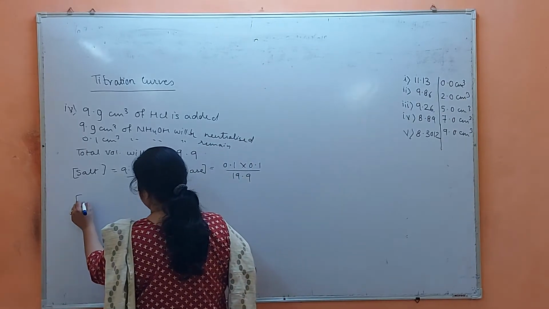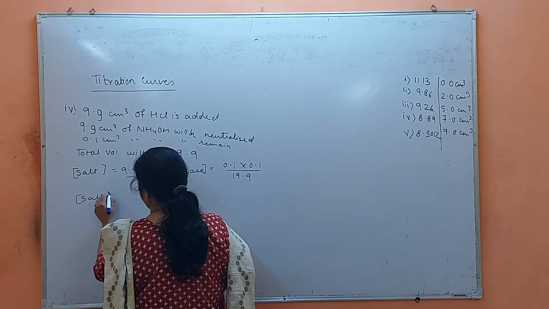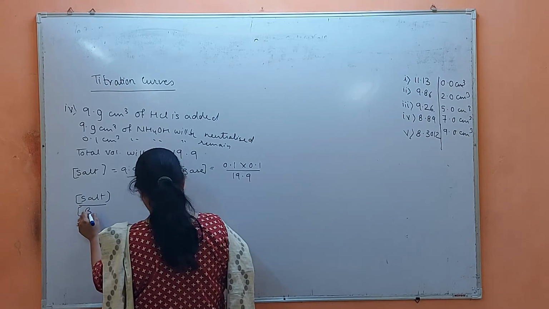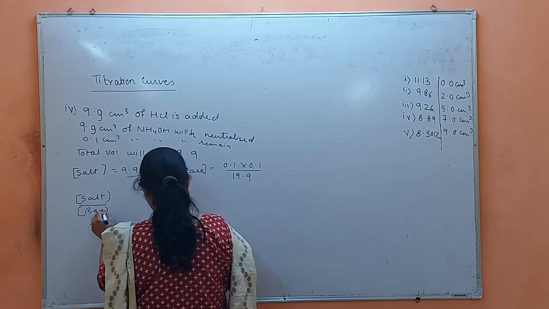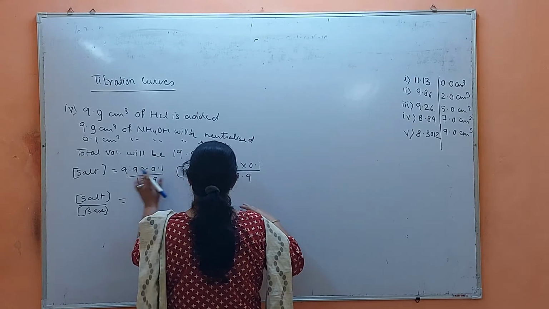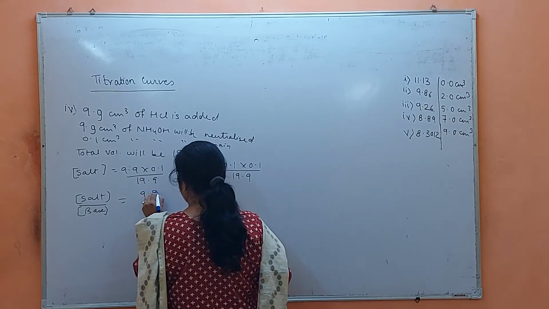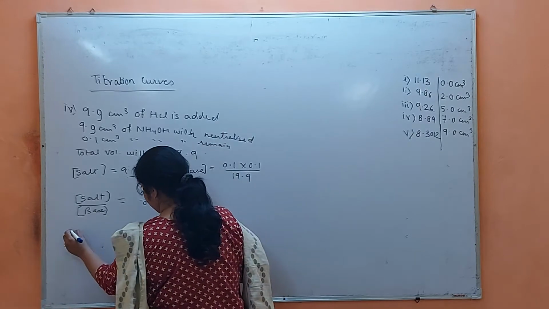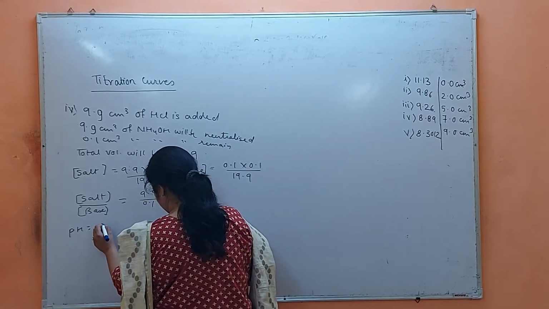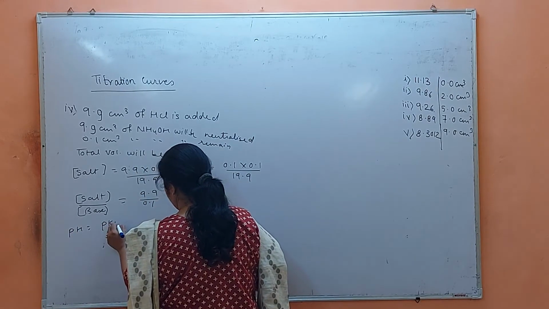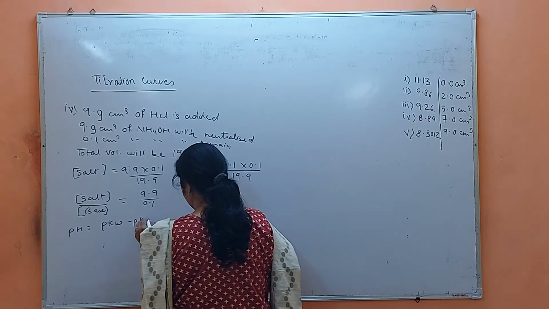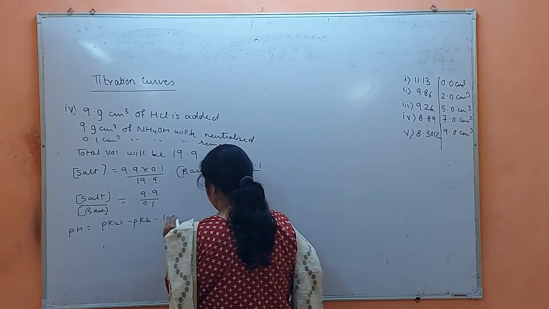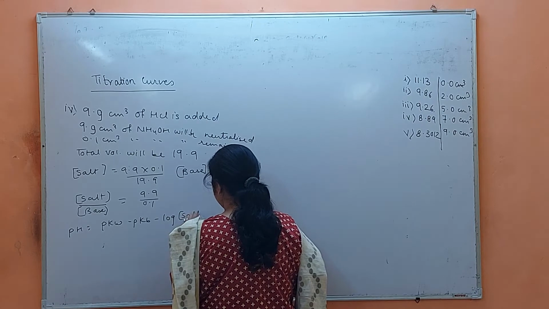So salt by base comes out to be 9.9 divided by 0.1. So pH is equal to pKw minus pKb minus log salt by base.